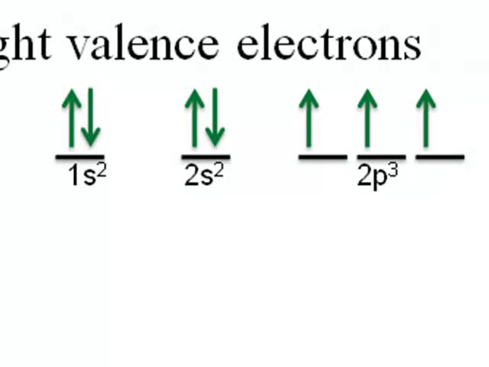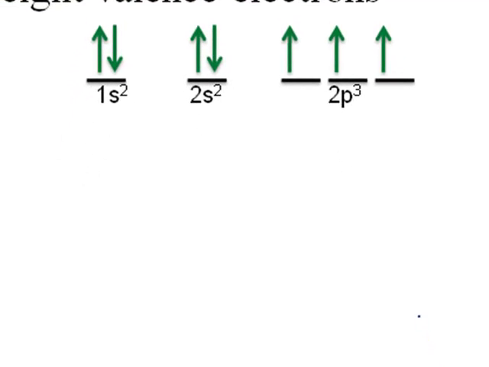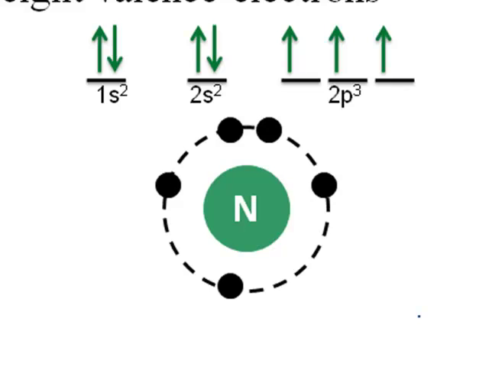Now nitrogen, being in group 5, is one of the elements that does not frequently form ions on its own. It doesn't become a cation or an anion easily. But if we think about the arrangement of nitrogen, it has a paired set of electrons in its 2s subshell, and it has 3 single electrons in each of its 2p orbitals.